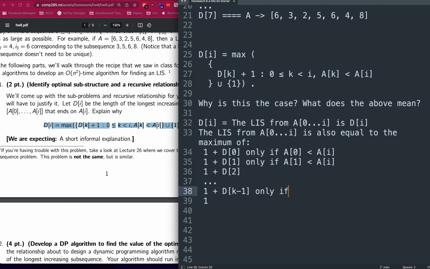And similarly here, only if a(i minus 1) is less than ai. Sorry, this is not k minus 1, it says i minus 1. So we consider all of these values, and we take the maximum of that. So I want you to pause the video and think about what each of these values means. Why are we taking the maximum over all of them?